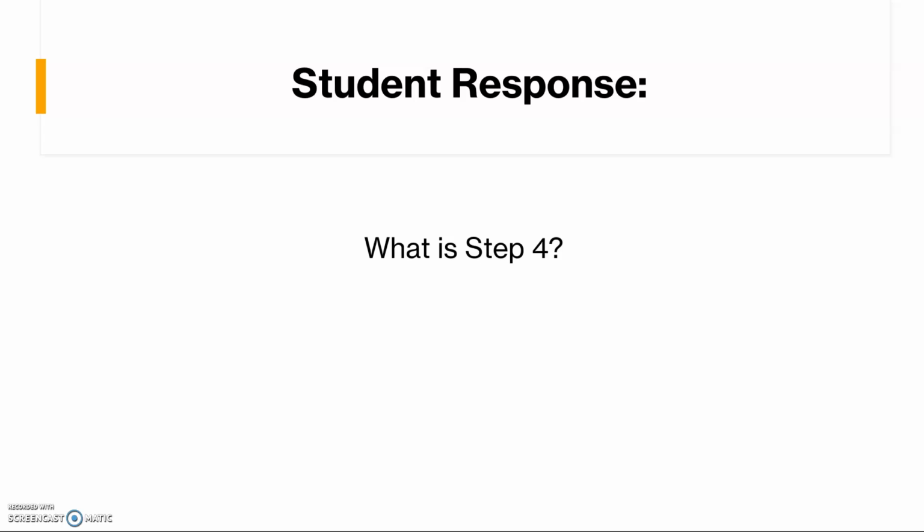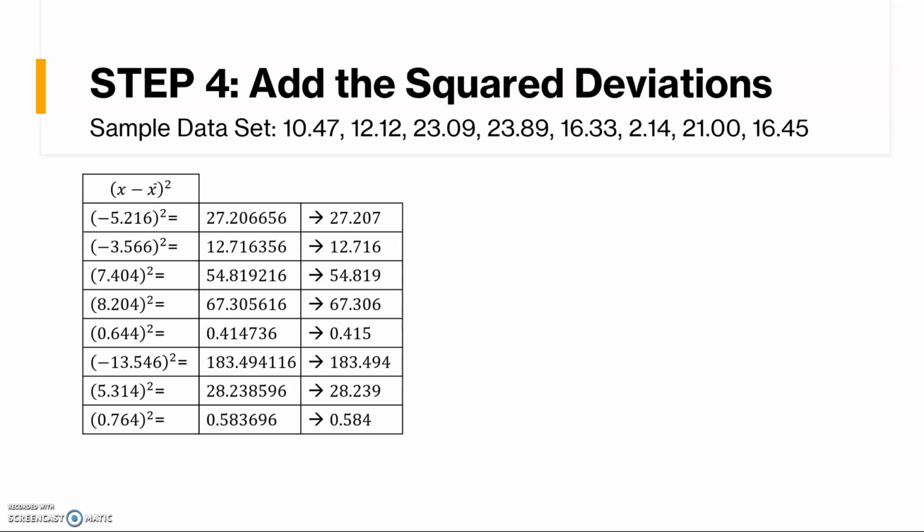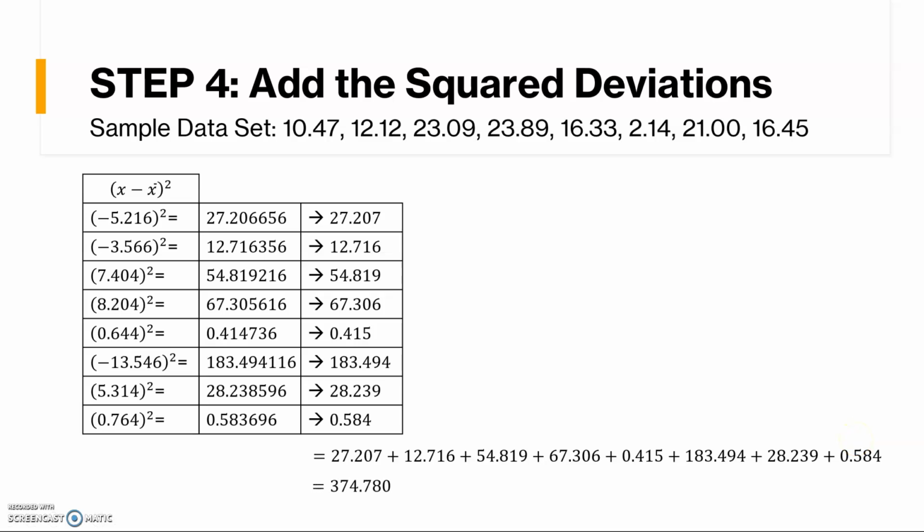What is step 4? Go ahead and calculate this step on your own. Okay, the next step is to add the squared deviations. So we just found all of our squared deviations, and what we need to do is add all of them up. So I'm going to take each one of these numbers and add all of them up, and that should give me 374.780.